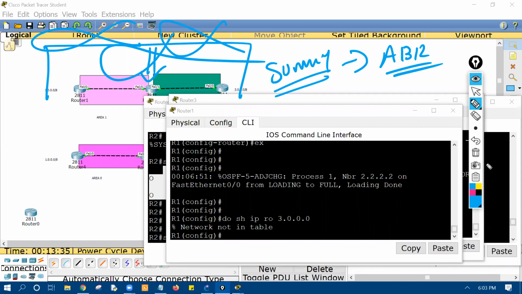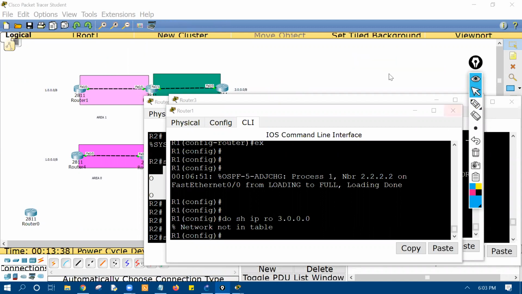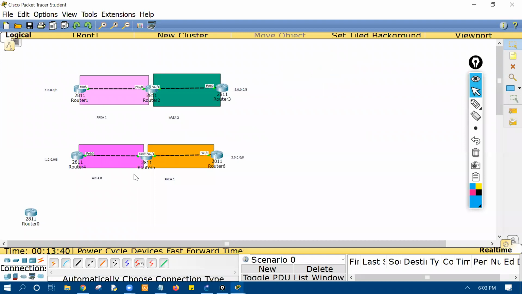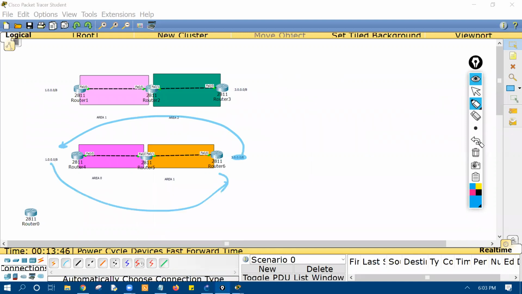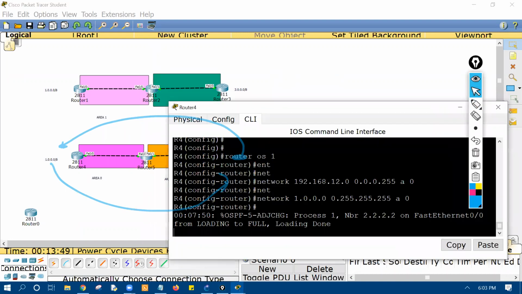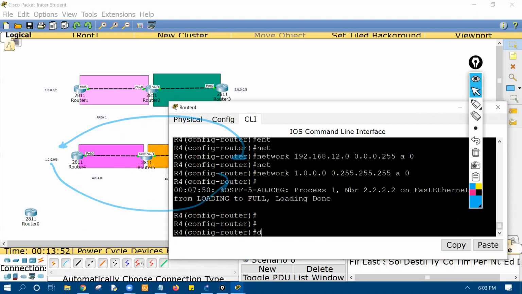Whereas if you have a look at this one, in this case, what happened? This route will be exchanged to this guy, and this route will be exchanged to this guy. If you go on any router, just go on R4 router, do show IP route OSPF. I have a 3.0 information.